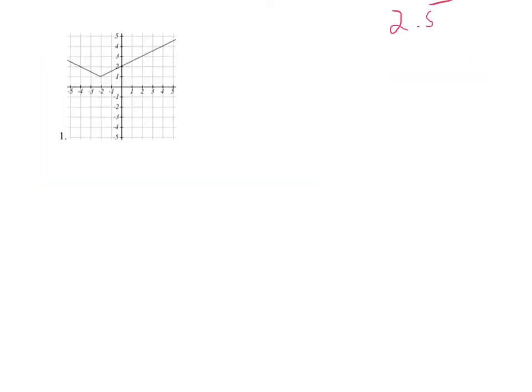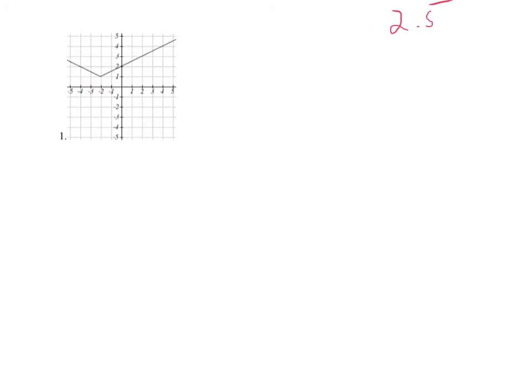Okay, so here's the first question out of the 2.5 homework from the textbook, and you ought to try to work this yourself. You can either look the answer up in the back of the book, or you can come back and finish watching this video. So what I'm noticing is that in this graph the vertex has been shifted left 2, up 1.